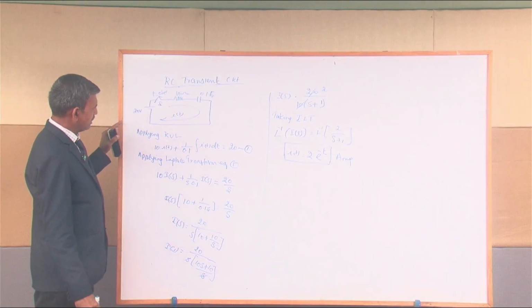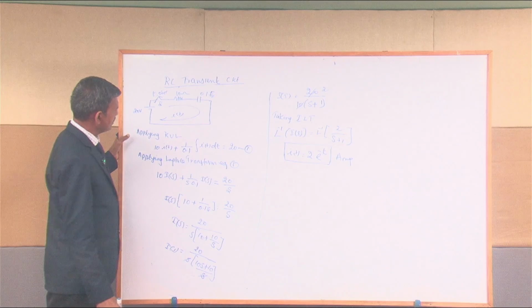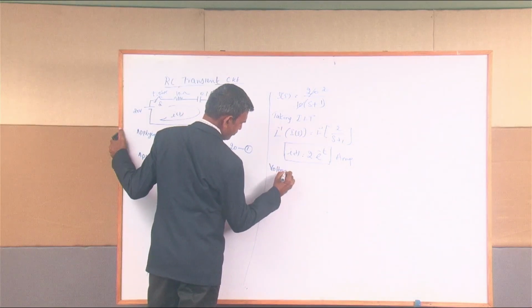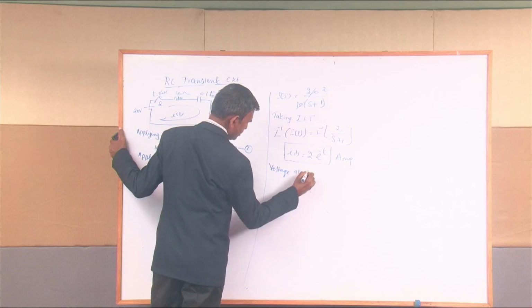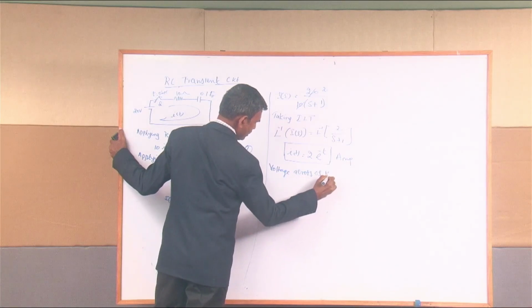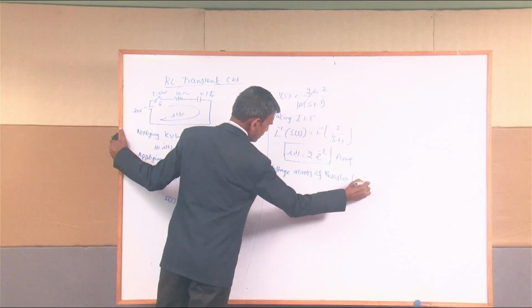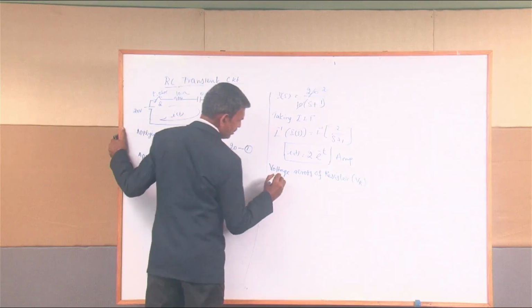Next we are finding the voltage across the resistor. We know the voltage across the resistor is denoted by VR.